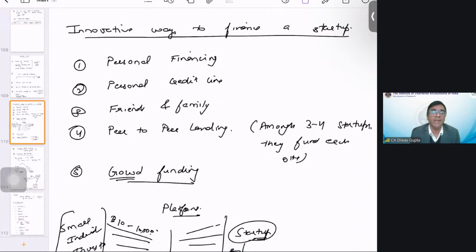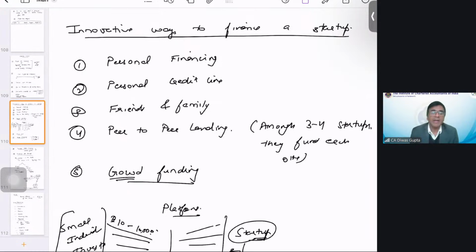So they will be using those to make payments, to do the specific business related activities. Then third is friends and families, right? They can reach out to specific people in their friend and family circle to obtain the financing for their startup, just on an informal level.